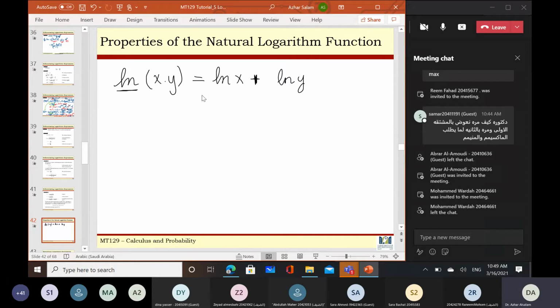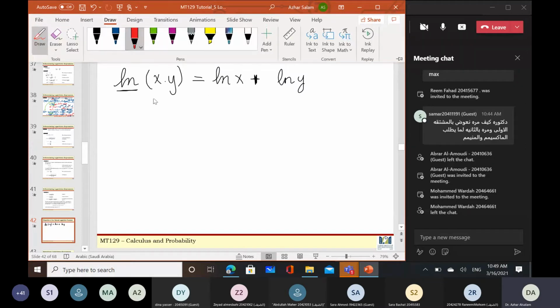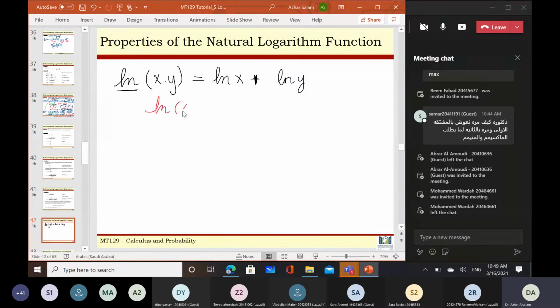Okay, this is a very important property. But notice here that ln of x plus y is not equal to ln x plus ln y. Okay, this is not the same as the product. Notice that I take the sum of the ln's only when I have a product; but when it is x plus y, it is not equal to the sum of the two logarithms.